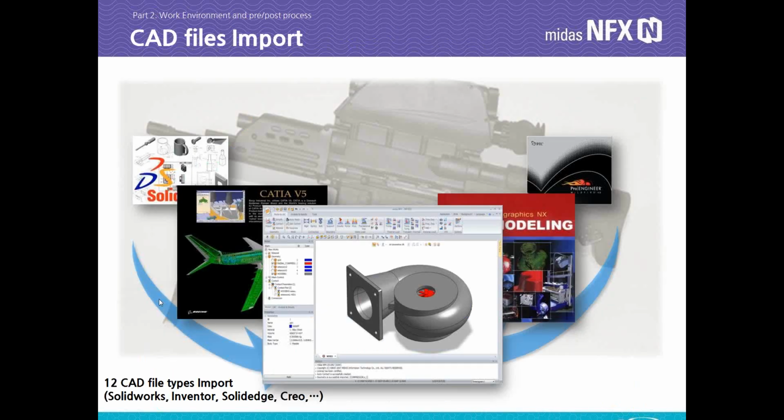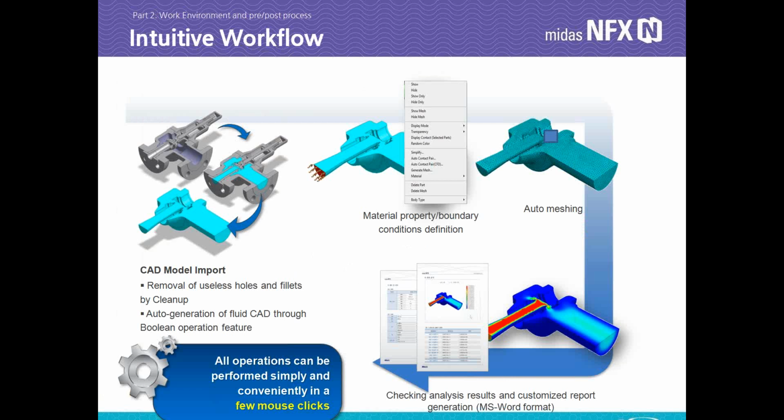NFX supports 12 types of CAD files, so if you have SolidWorks, Inventor, Solid Edge or Creo, or maybe another type like HyperWorks, you can import all these models directly. And this is the basic workflow. It's easy to import any CAD model. You take the model you have, and then you can create a fluid volume directly in NFX.